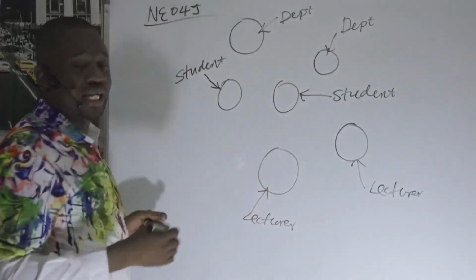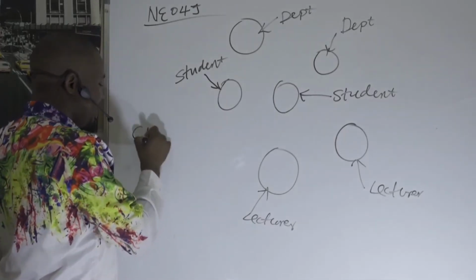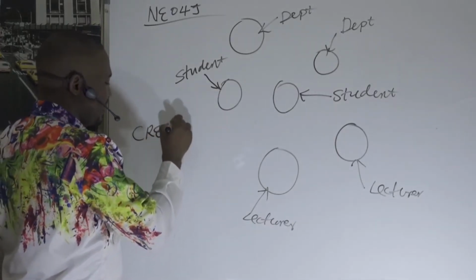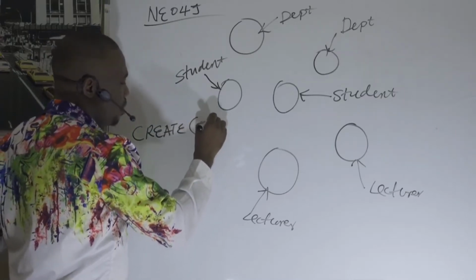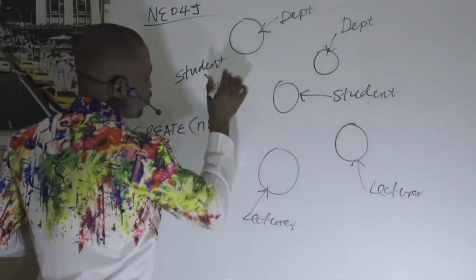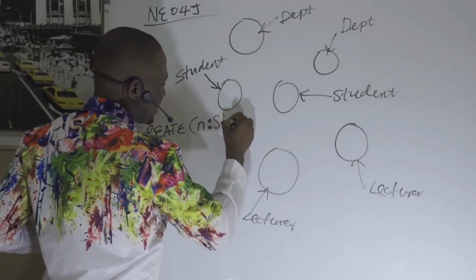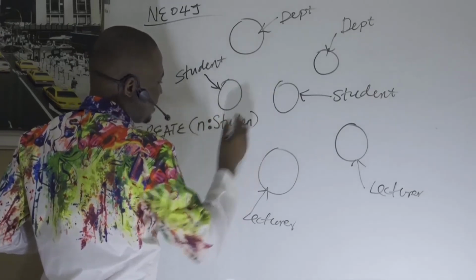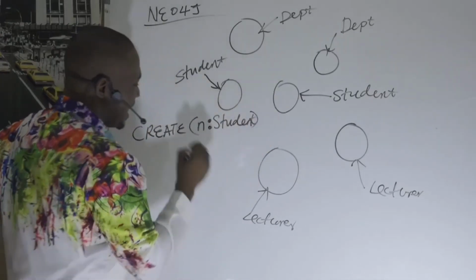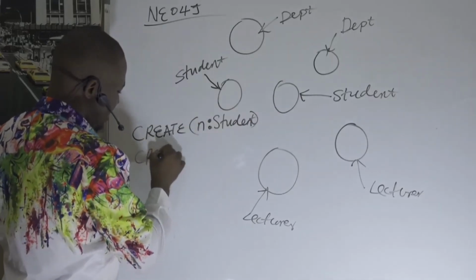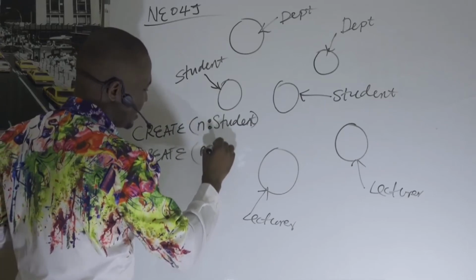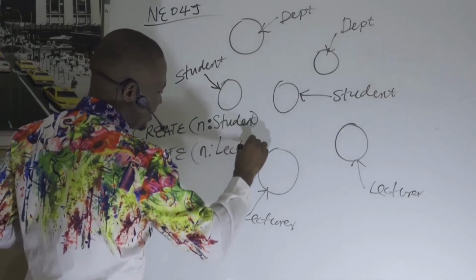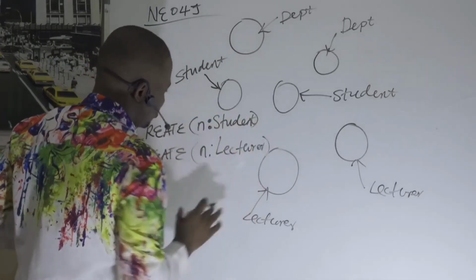So how do you do that? If you want to do that, you simply say create. You must put the n. Then you put a colon. If it's student, you say student. Now, if it is lecturer, you say create and lecturer, meaning the node I'm creating is for a lecturer.